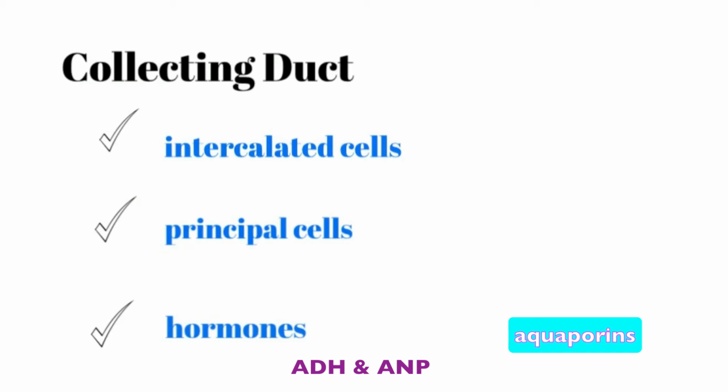There are times where we need to get rid of water. To get rid of water, we need to create a highly concentrated filtrate within the collecting duct to incentivize water to follow those solutes in the excretion down into the collecting duct, into the minor calyces, major calyces, and to be eliminated from the kidneys.